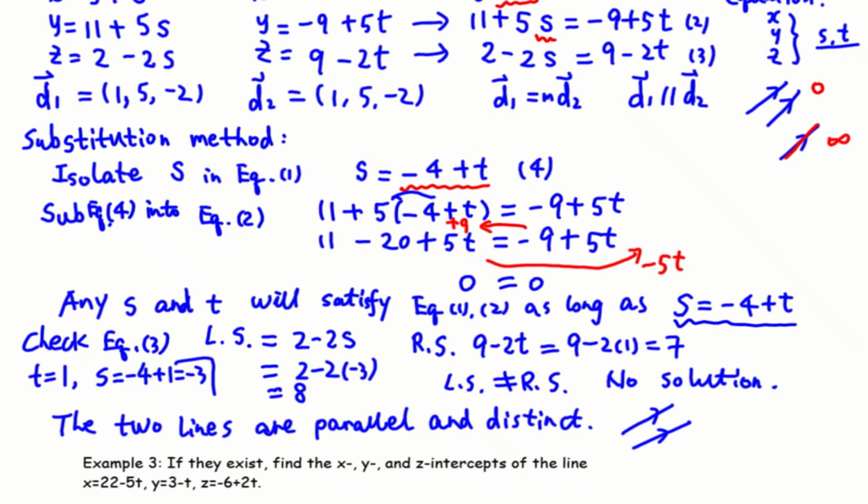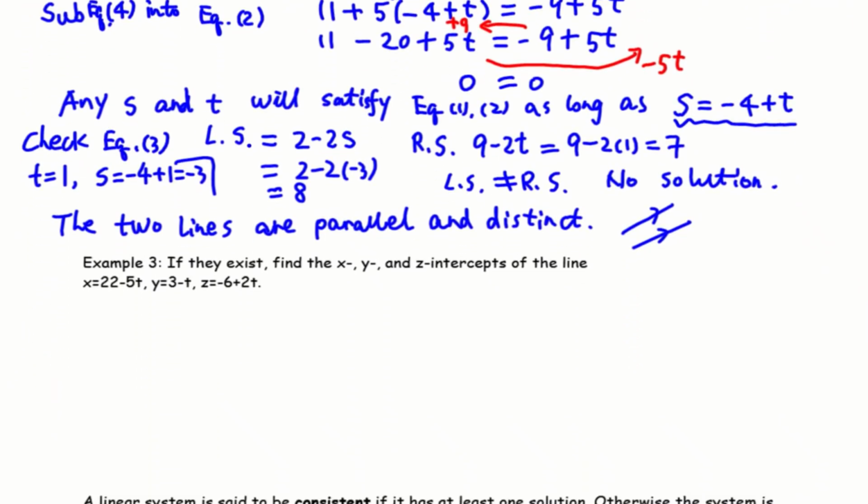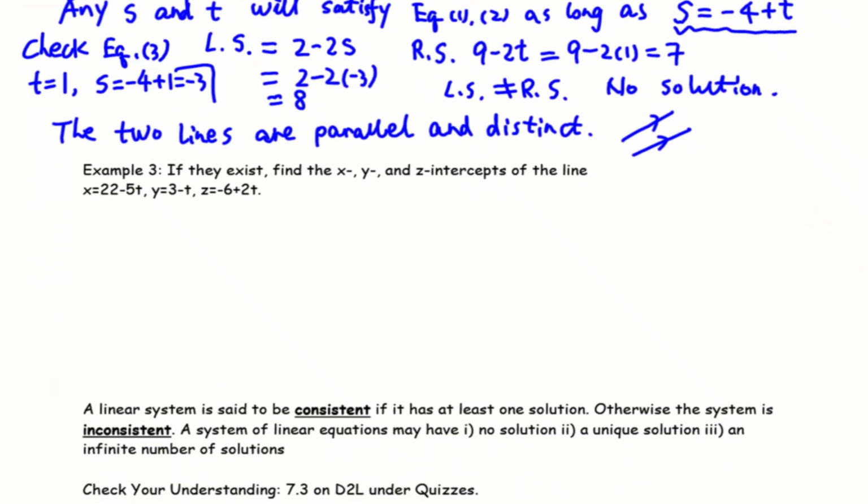Then we are going to continue with finding the point of intersection, okay? So this one: if they exist, find the x, y, z intercepts of the line, with x coordinate, y coordinate, and z coordinate.